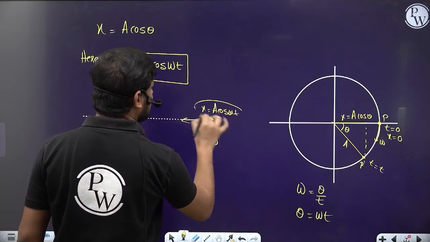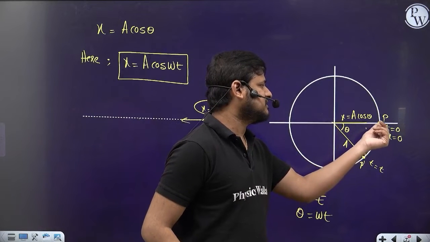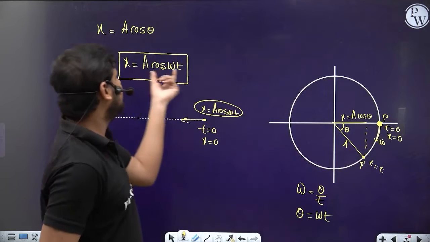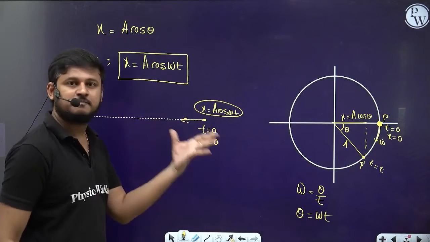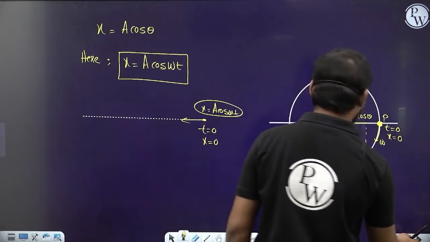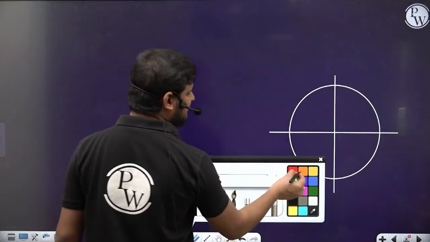Yes or no? So that means in the uniform circular motion, if the particle starts moving from here, then it will be the S.H.M in the straight line this way. Understanding? Clear? So next let me take another case.